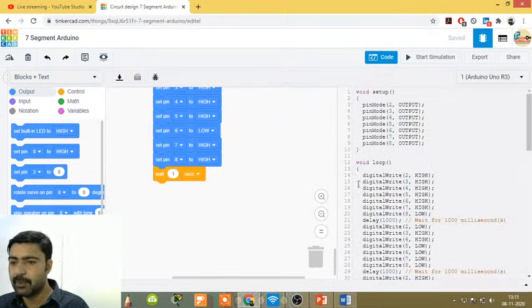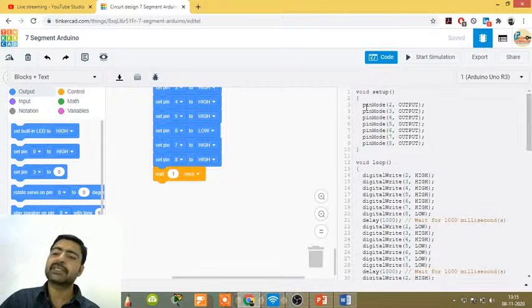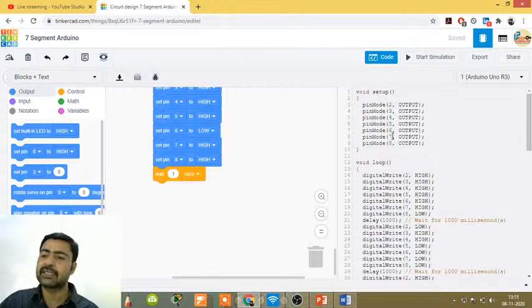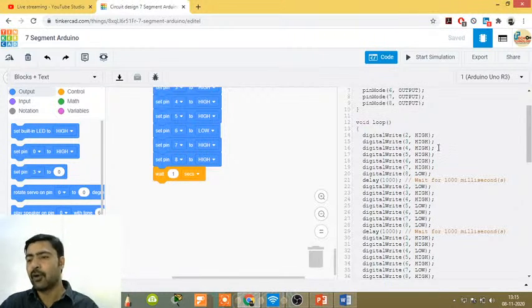The code may be a little bit confusing for you, but what we have done, first, as you are seeing, is this pin mode. We are setting pins 2, 3, 4, 5, 6, 7, 8 as digital output pins. Then in loop, we are writing pin number 2 high, which means we are making pin number 2 high, or logic 1 or 5 volt.